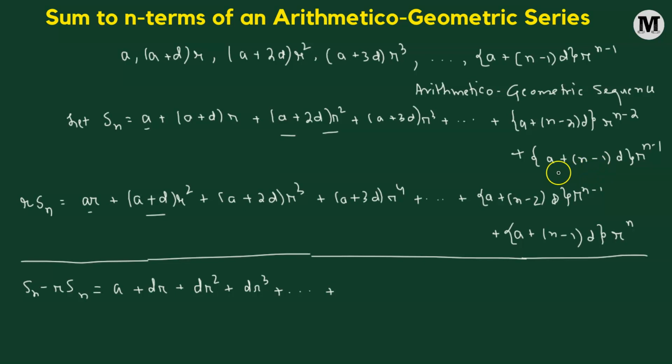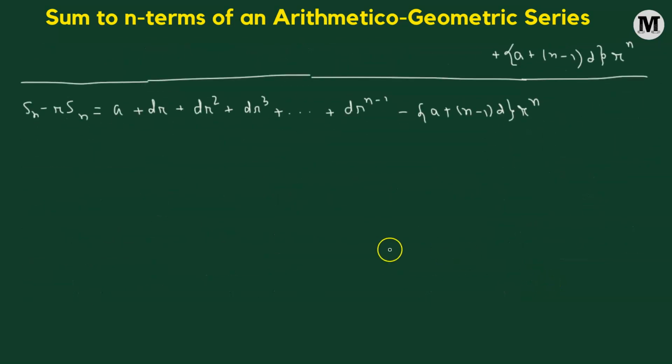So here we have (a plus (n minus 1) times d) times r raised to the power of n minus 1, and from here we are going to subtract (a plus (n minus 2) times d) multiplied by r raised to the power of n minus 1. So that leaves us with dr raised to the power of n minus 1, minus the nth term of r Sn. So that's simply (a plus (n minus 1) times d) multiplied by r raised to the power of n.